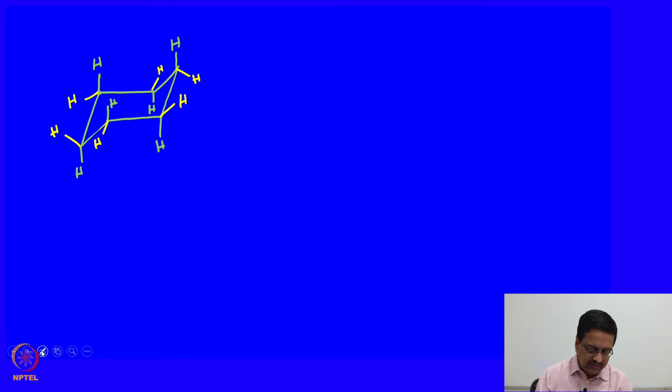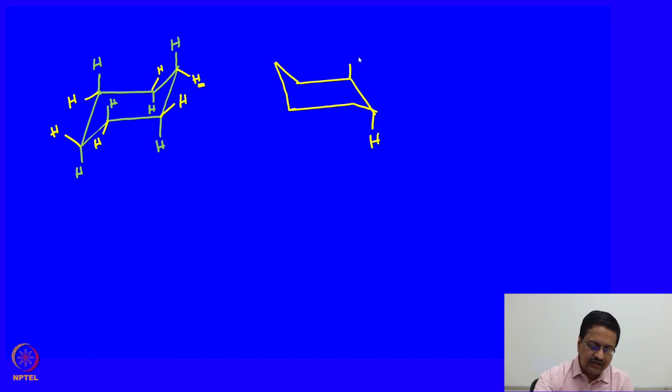So now if I convert this to the flipped conformation, which is like this, the hydrogen which is down here, that was my equatorial hydrogen, should become axial hydrogen and remains down here, and the hydrogen which is up here in the equatorial position becomes the axial hydrogen up there.